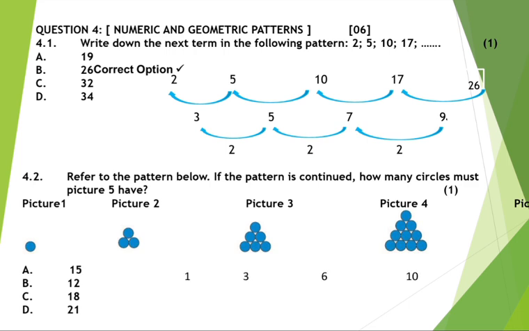Let's put it down: 1, 3, 6, 10. The differences are 2, 3, 4, which means the next difference should be 5. So the next one is 10 plus 5, which gives us 15. The correct option is A.